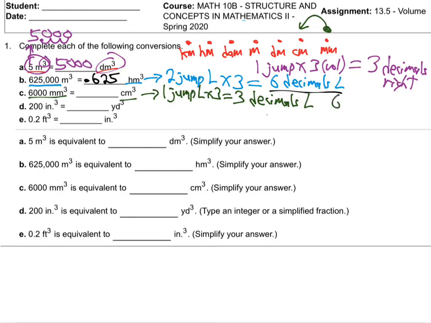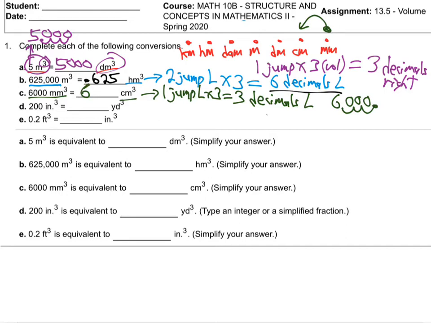So I'm going to take that 6,000 number. Where's the decimal right now? Right, it's at the end. If you don't see it, it's always at the end. 3 left, 1, 2, 3. There it is. So 6. You can write 6.0 if you want, but it might as well just say 6. Same thing as 6.0 cubic centimeters.